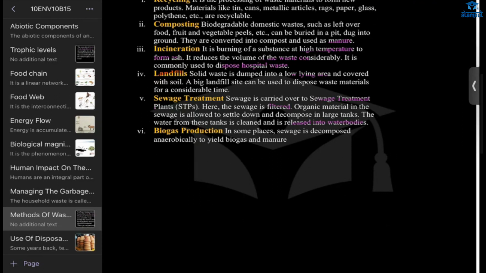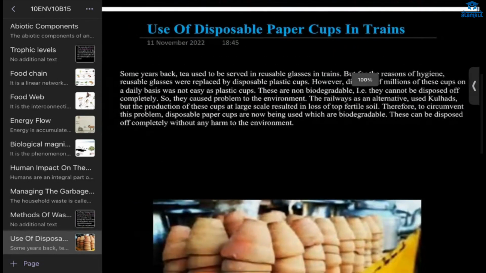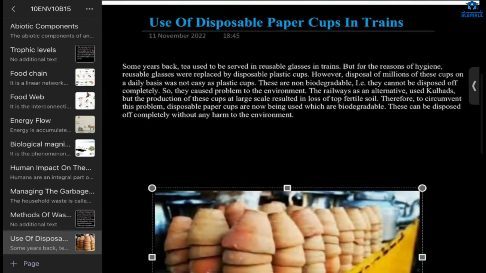In some places, sewage is decomposed anaerobically to yield biogas and manure. Anaerobically means without oxygen. Here anaerobic microorganisms are used.